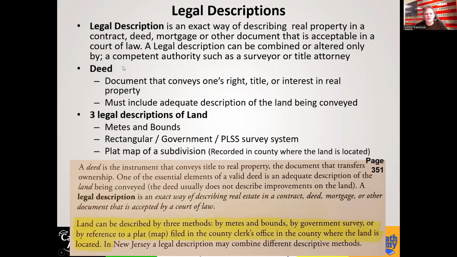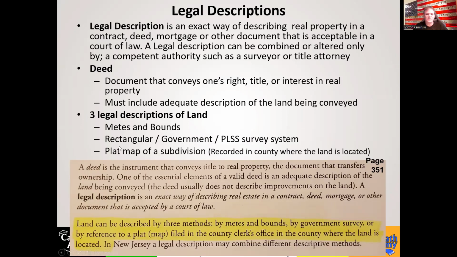Now, we're going to start off first not talking about the deeds, but talking about the three legal descriptions of land. And they are metes and bounds, the rectangular survey, also known as the government survey system, or the PLSS survey, public land survey system, but we're not going to mention that on exams.